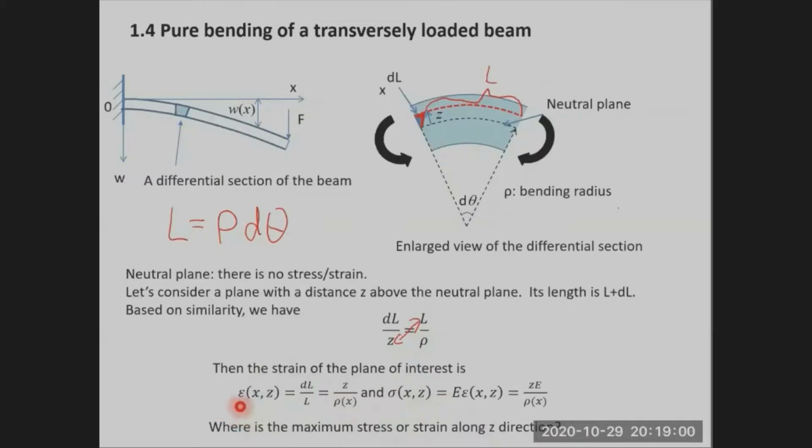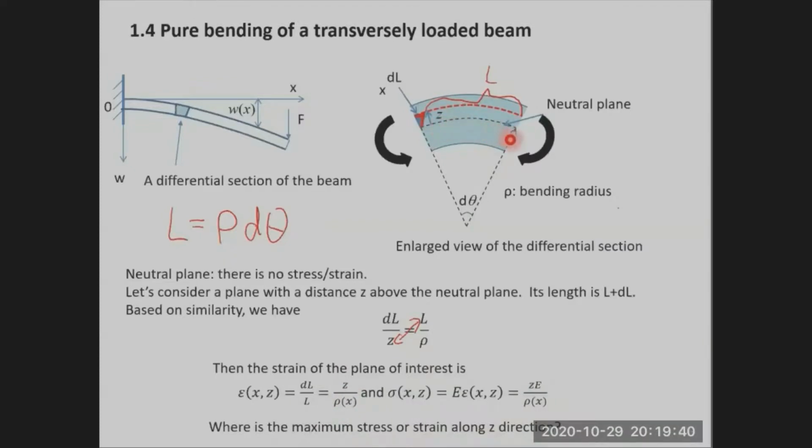If we know the mechanical strain, then we can calculate the stress based on Young's modulus. Stress is equal to Young's modulus times the strain. So it's z times E over rho. Based on this result, where is the maximum stress or strain along the z direction? Very simple. We can say epsilon or sigma is proportional to z, the distance to the neutral plane.